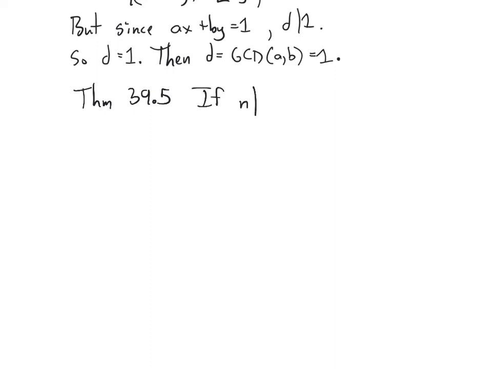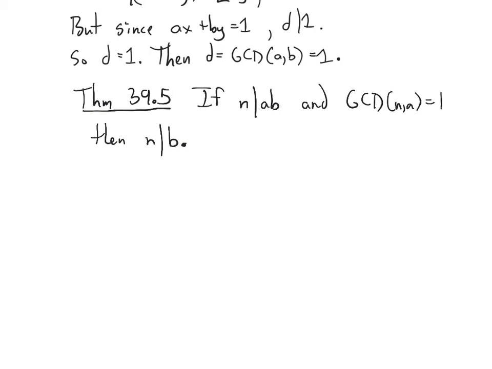If n is a factor of a times b, and the greatest common divisor of n and a is 1, so n and a are coprime, then n must be a factor of b. And basically, this is a corollary. A corollary is just a word that means a proof that follows directly from another proof. So it's a corollary of 39.3.